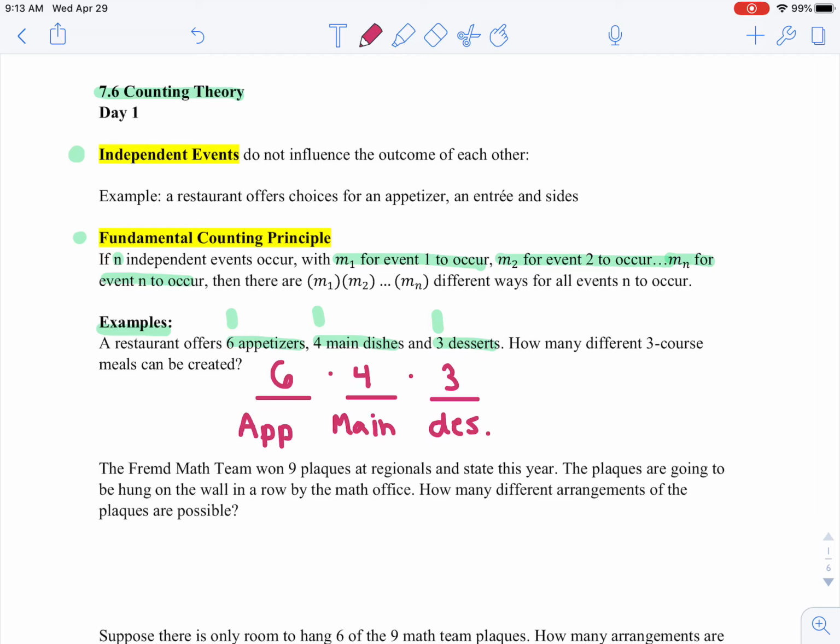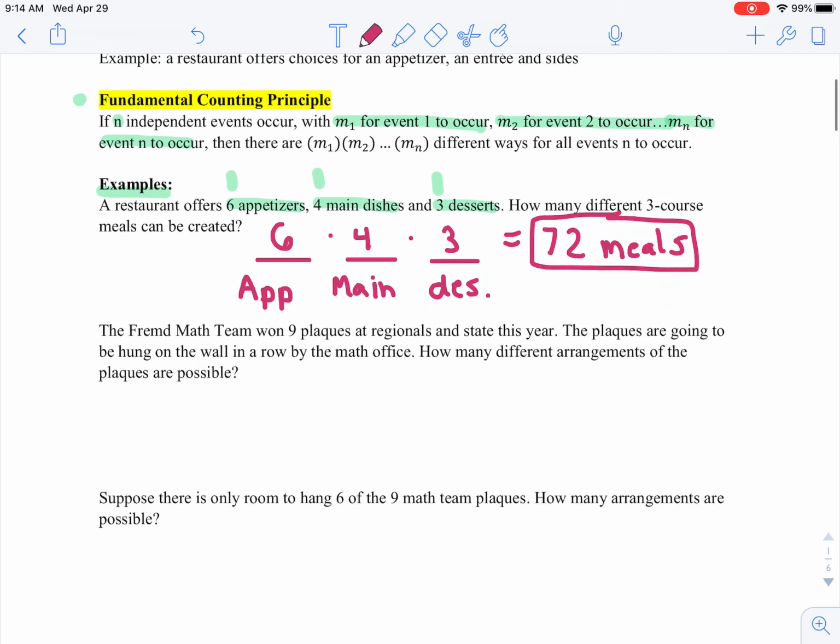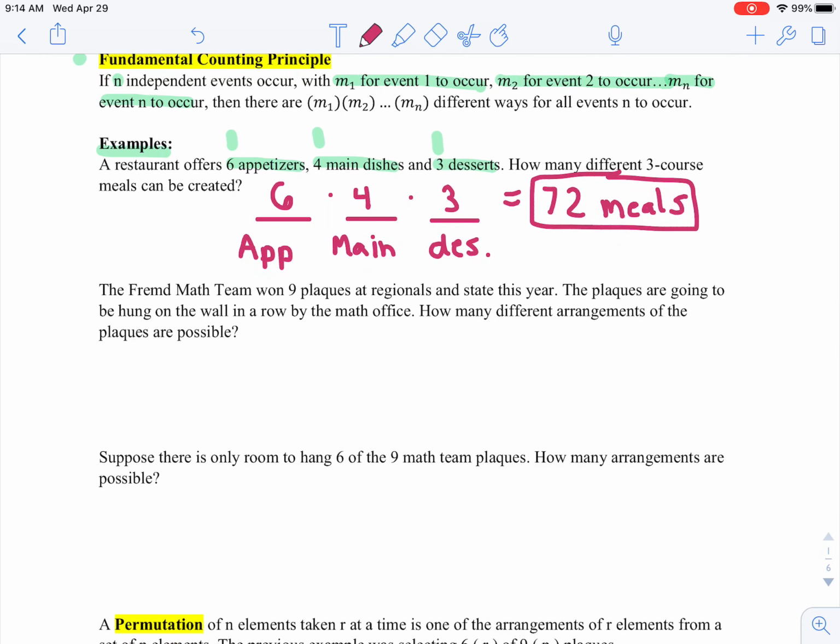You had 6, 4, 3, and all you're going to do is go ahead and multiply those numbers together and find out that there are 72 different options or meals that could be created in this circumstance. So whenever you hear about the Olive Garden saying there are infinitely many different number of pastas you can create when you're there, there really isn't.